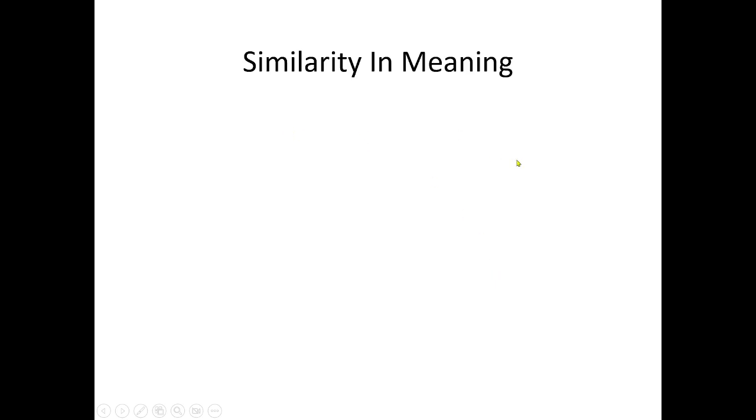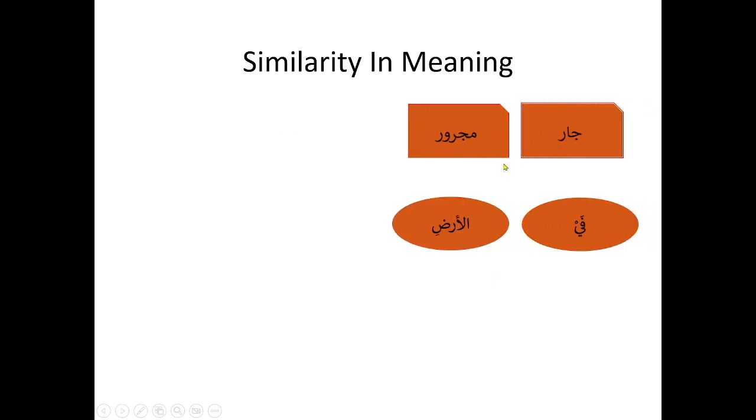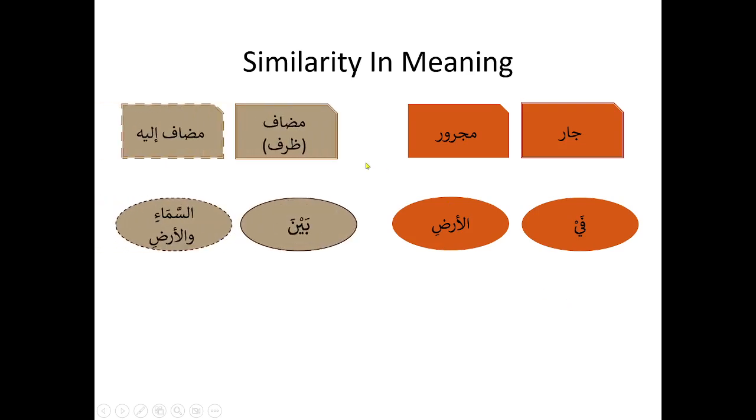Now, if you look at these two examples, jar wa majrur: fil ardi, in the earth, a place. Then we have mudaf ilayh: baina as-sama'i wal ard, which is basically between the skies and the earth.